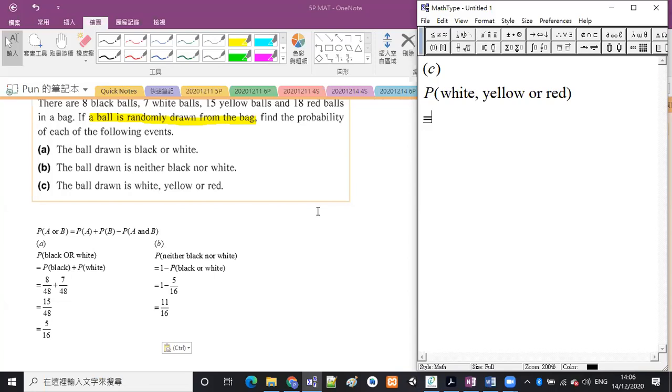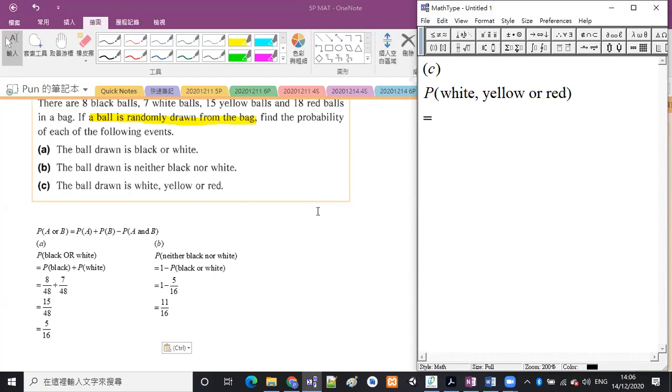And that means that there is only 1 case that is what I don't want to find. Okay, that is the black balls. Black balls is the only case that I don't want. So in this case, using 1 minus is a little bit more efficient than using the direct approach.